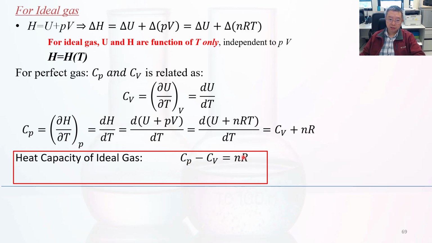This difference comes from the expansion work, which we already saw is equal to nRT in the previous examples.